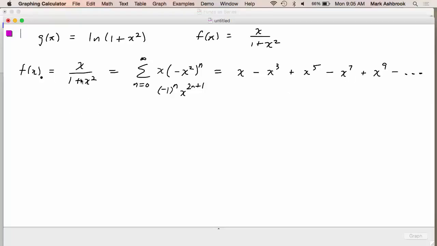Okay, so what am I going to do now to f to get something like g? Antiderivative, right? We're going to do antiderivative. So the integral of f of x dx is going to be natural log 1 plus x squared.